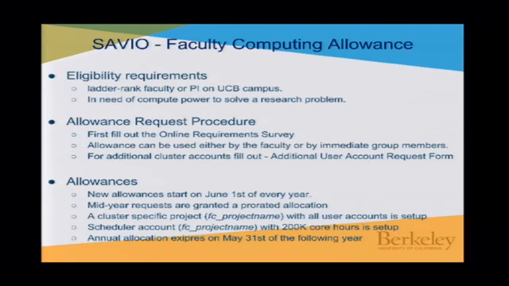Like if you are a faculty member with an allowance and also a condo contribution, you will have one project which would be FC_project name, and another project corresponding to your condo contribution, which would be CO_, either with the same project name or a different project name, just to keep track of the multiple different access mechanisms that you and your grad students have. Okay.